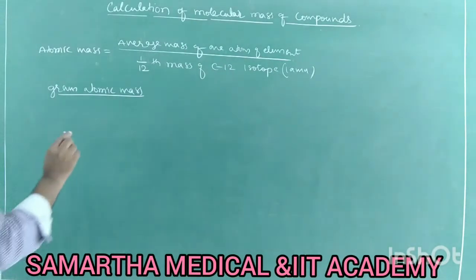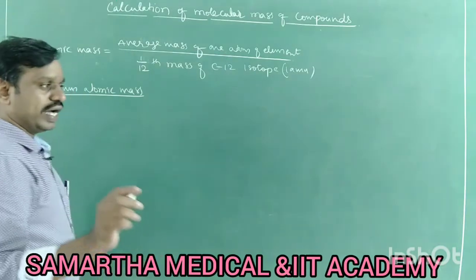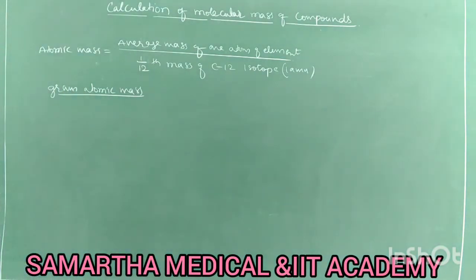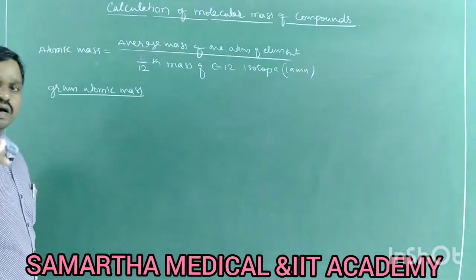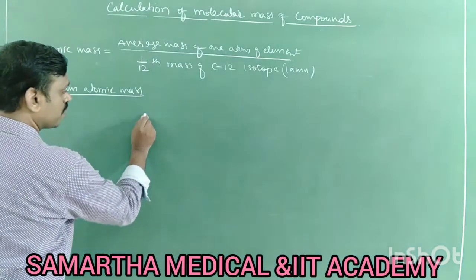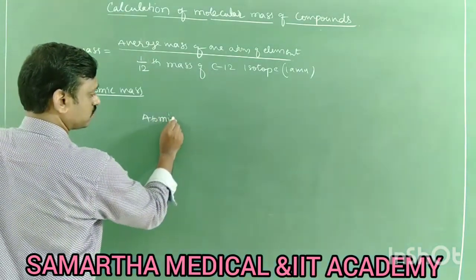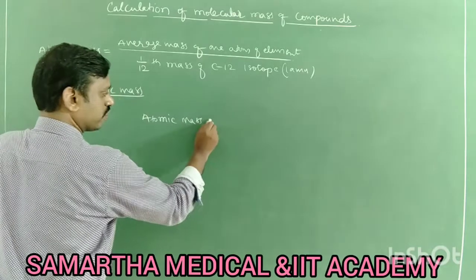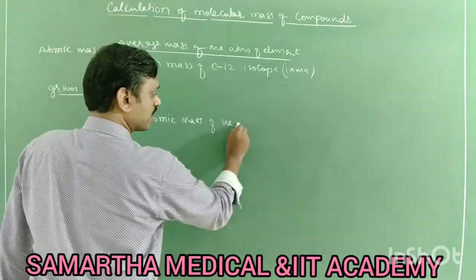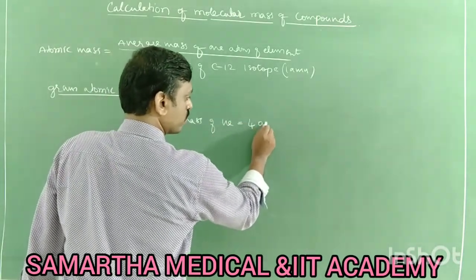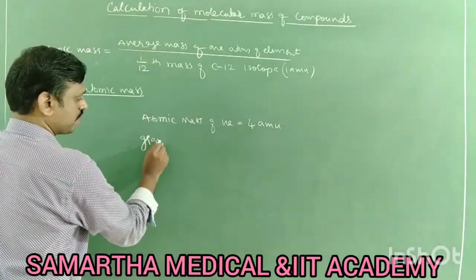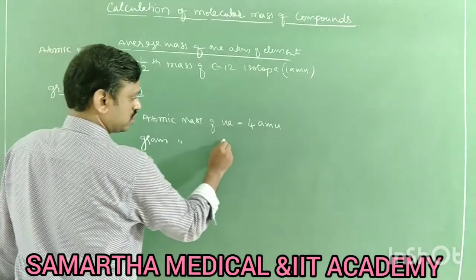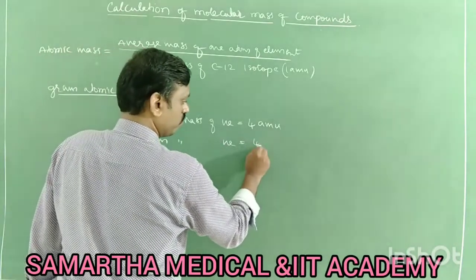For example, the atomic mass of hydrogen atom is 1 AMU. Therefore, its gram atomic mass is 1 gram. Similarly, the atomic mass of helium atom is 4 AMU, atomic mass unit. Therefore, its gram atomic mass is 4 grams.